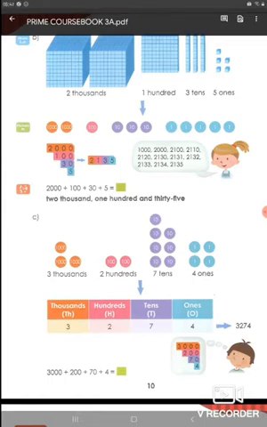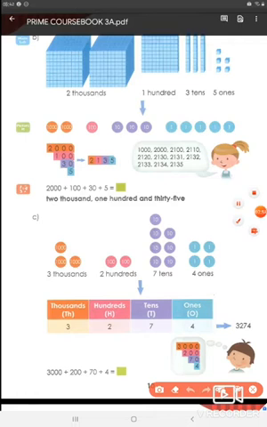Can you see that? 100, easy. 3 tens is 30, and 5 ones is 5. And you just slip them next to each other, and we have 2,135. Easy peasy.